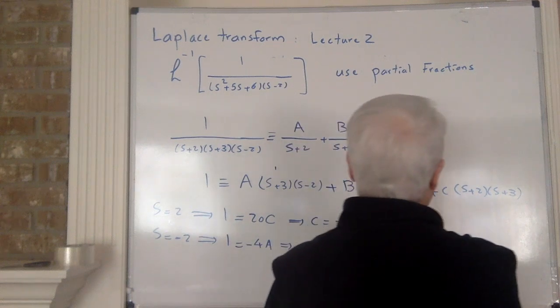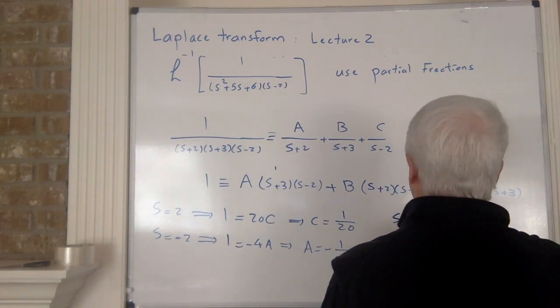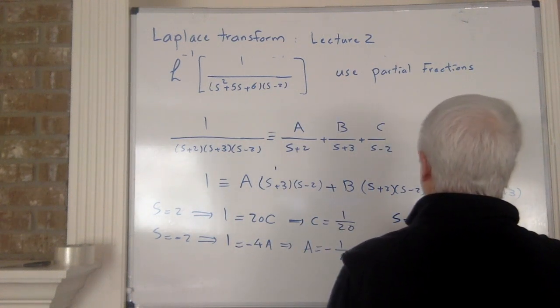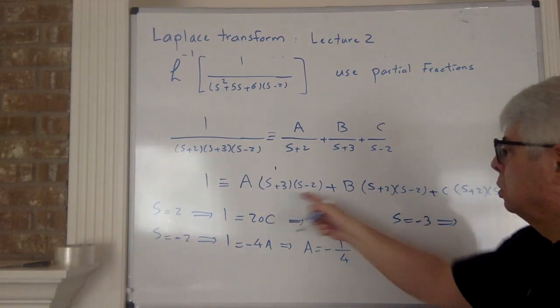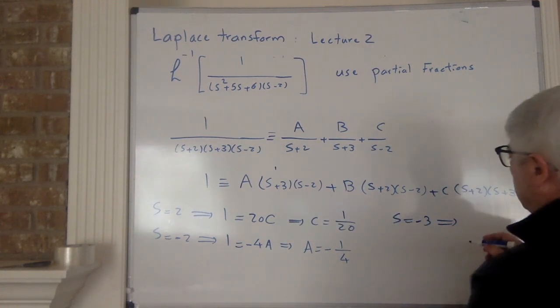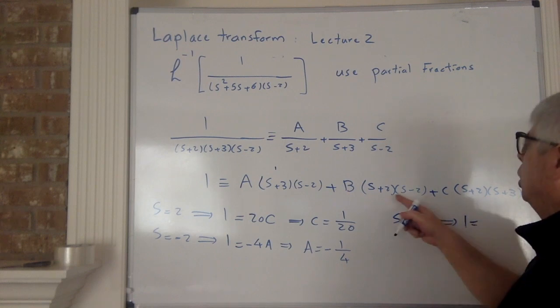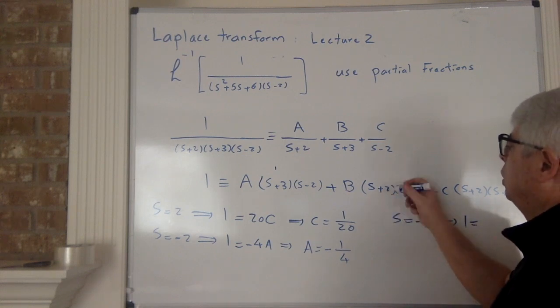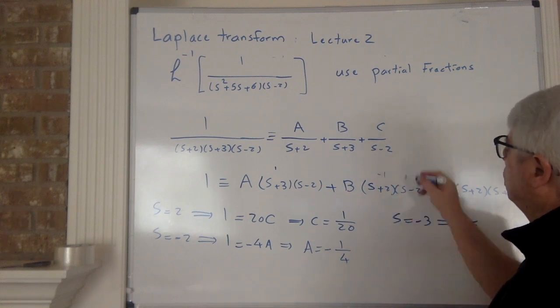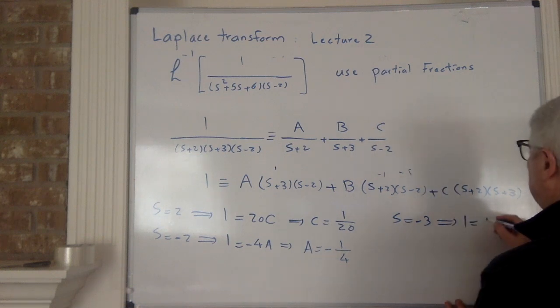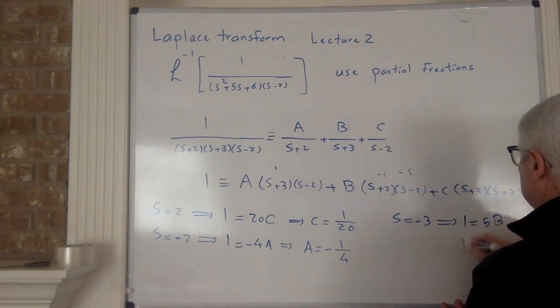And s equals minus 3. That should give me this one because this is 0, this is 0. And I will get 1 equals, and minus 3 will give me minus 1 here and minus 5 here. So I have 5B. So B is 1 over 5.